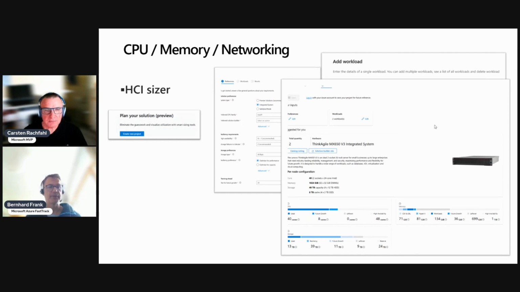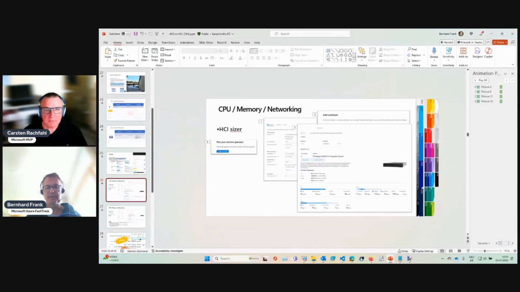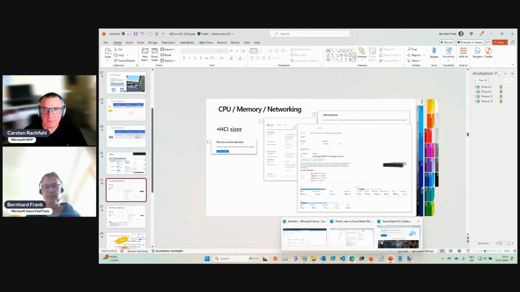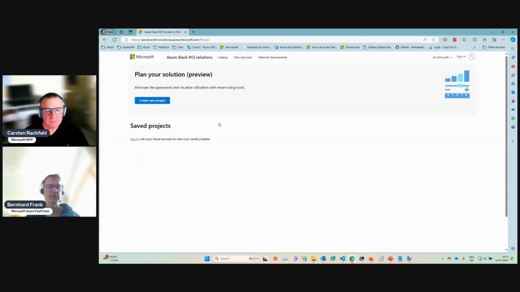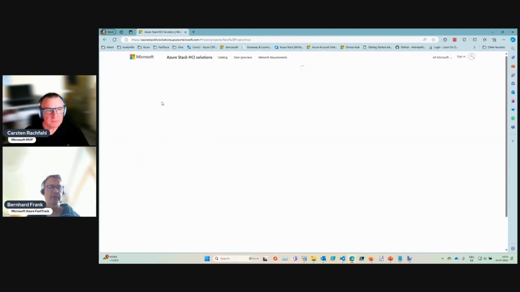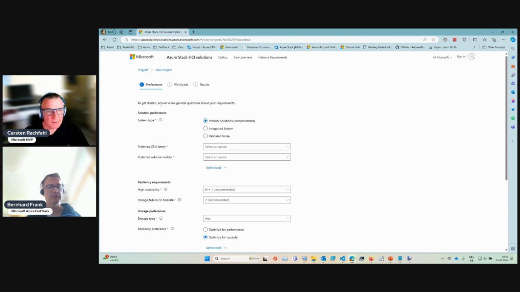Okay, so you find that sizing tool on our web page. What you could do there is, you go to that page, you create a project, and then you start to define your solution.